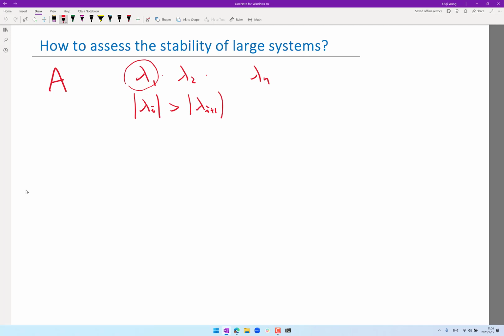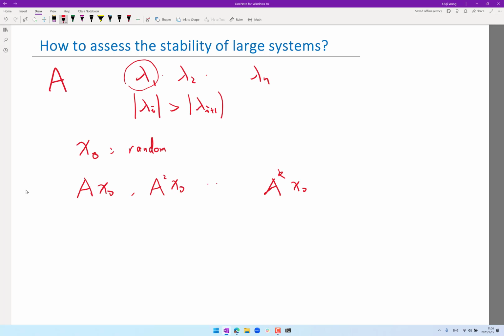So the procedure we have been following is to just construct a random x0. x0 is just completely random. And we compute A times x0 and A squared times x0, etc. to A to the kth power times x0, and k goes to infinity.